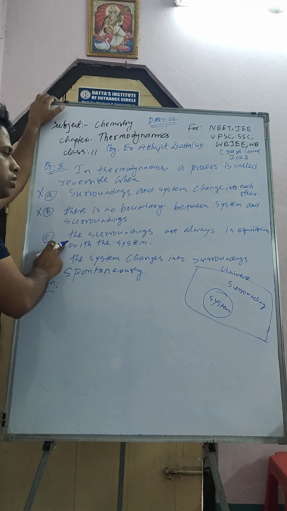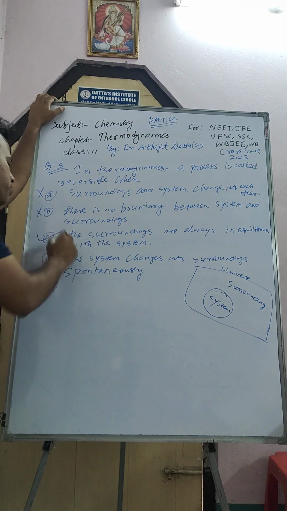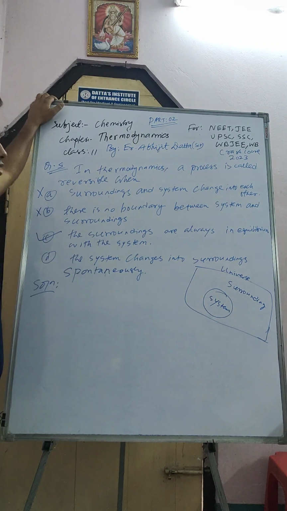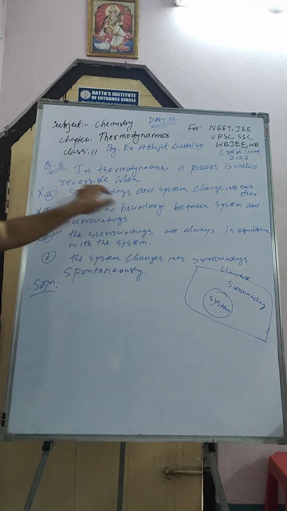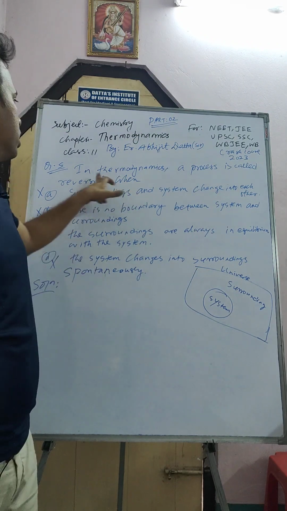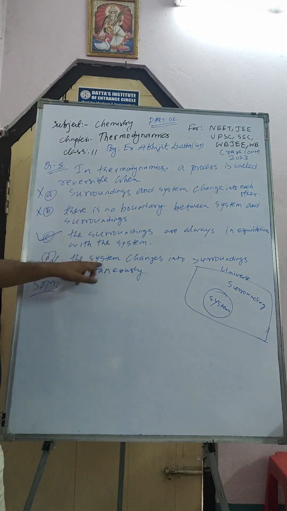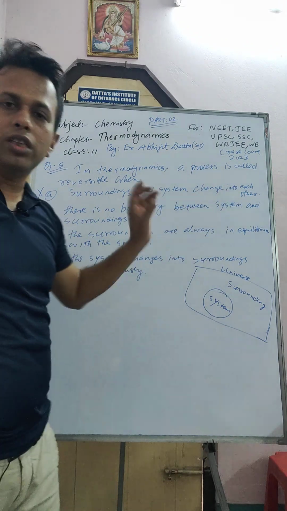The system's surroundings are always in equilibrium with the system. Yes, option D is the correct answer. The other one is also not, because if surroundings and system change into each other, this is wrong.